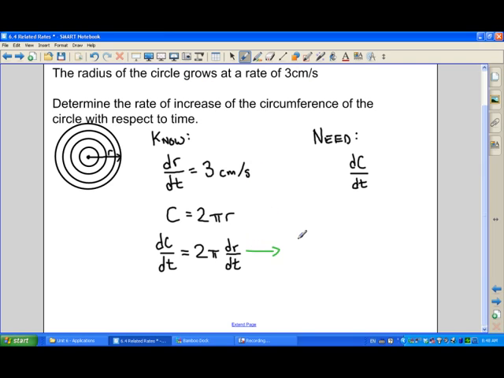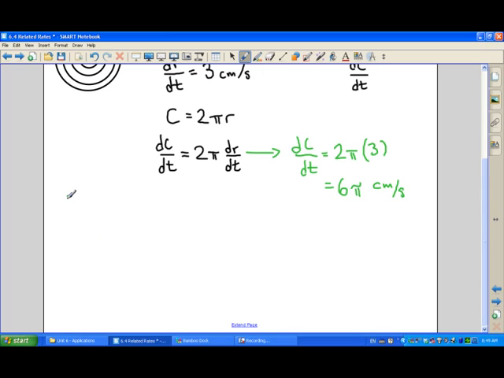So this is going to become dC by dt equals 2 pi times dr by dt, which is 3. So when I simplify this, dC by dt is changing at a rate of 6 pi centimeters per second. Okay, so we'll write that up as a therefore statement.